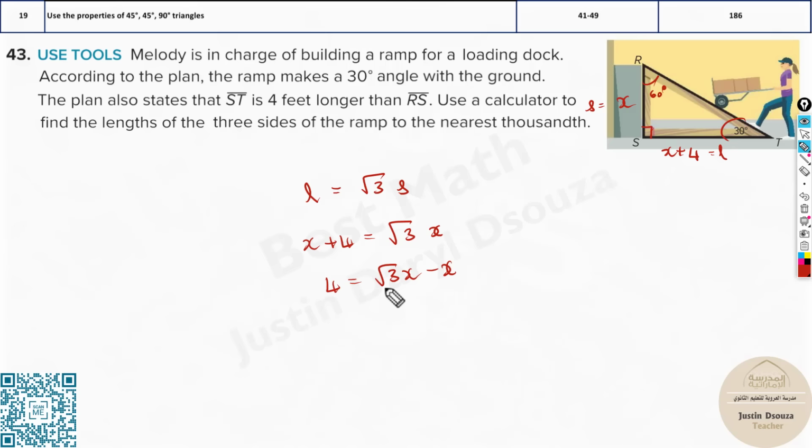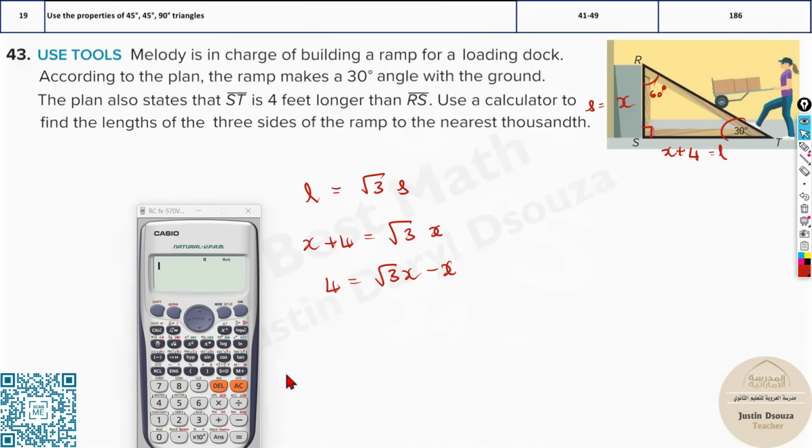And now here, let's use calculator. So square root 3 minus, what is this? Nothing, means it's 1, right? So square root 3 minus 1 will be 0.73. So this answer over here will be 4 is equal to 0.732 x, to the nearest 1000. Now take this to the other side.